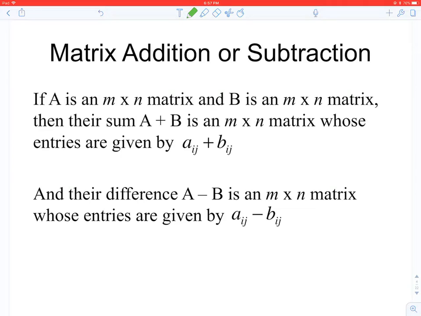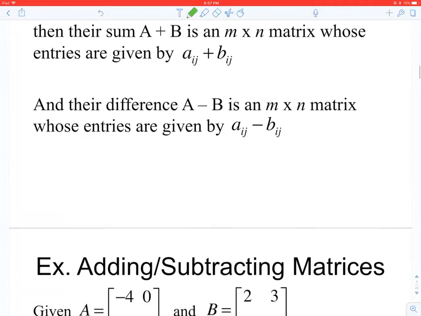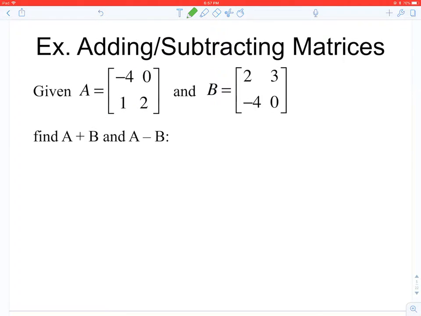So in order to be able to add two matrices or subtract them, the matrices have to have the same dimensions, because it's really easy. You're just going to be adding or subtracting the corresponding elements of the matrices.